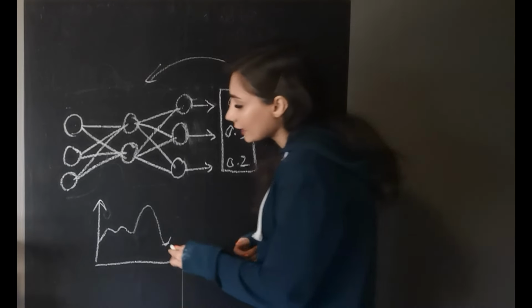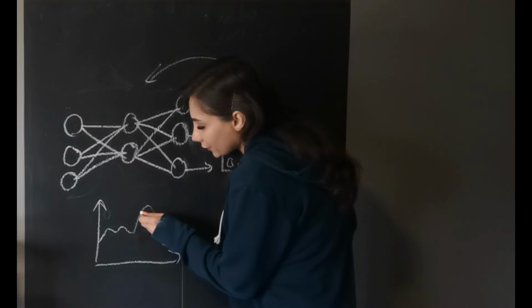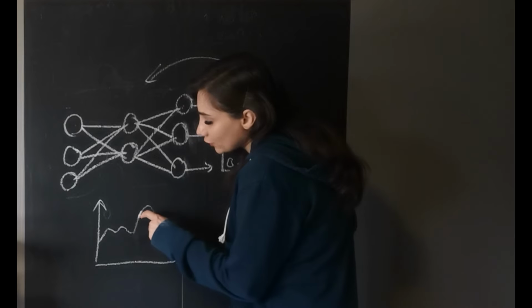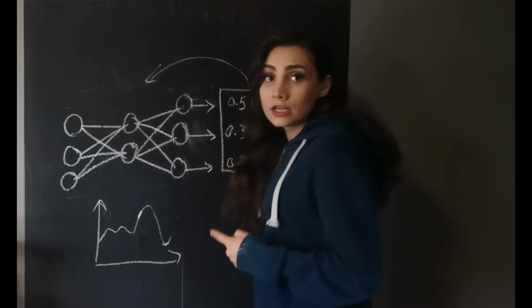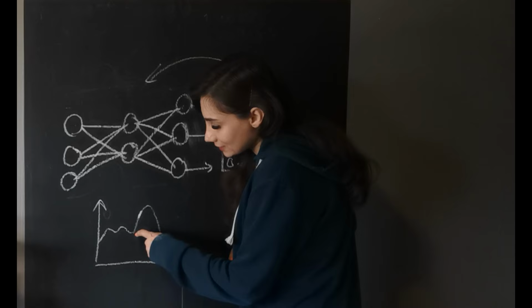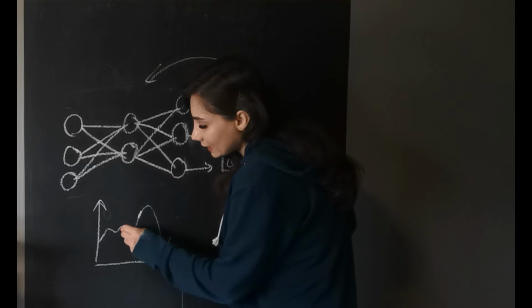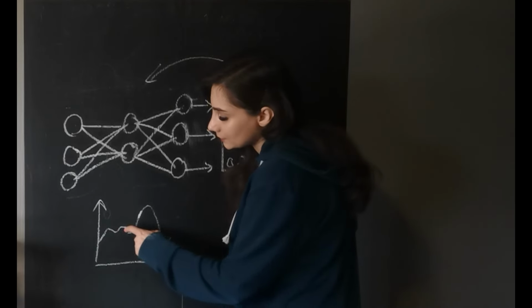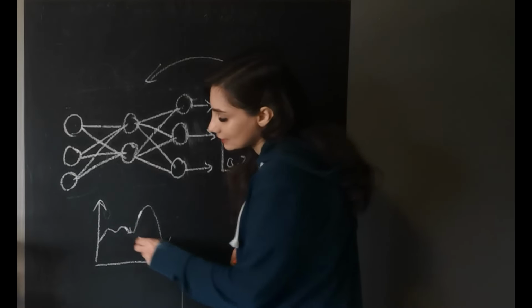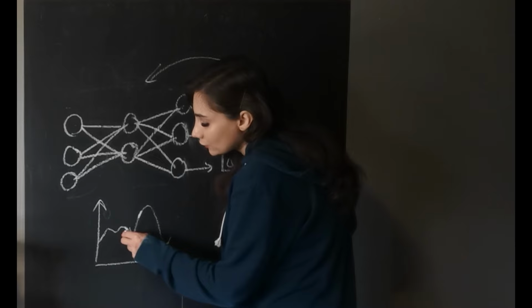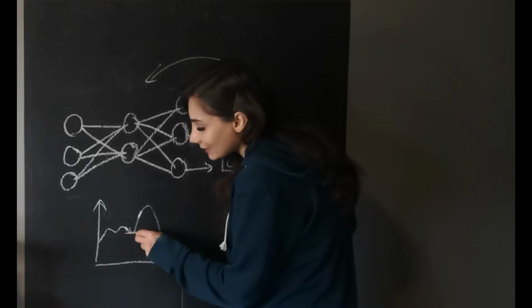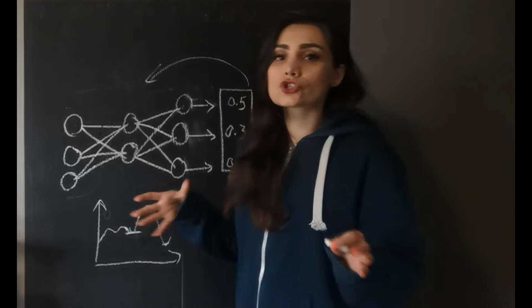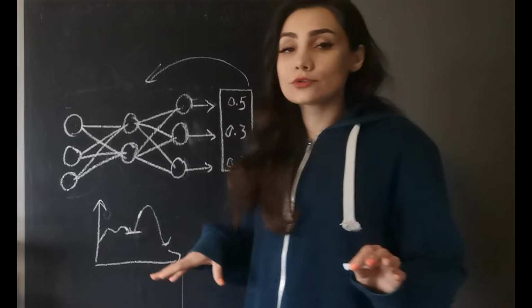That means that it will look at, for example, here you're very steep, so it knows that it's supposed to go down this way. And then when you're here, it knows that it's supposed to come back because it's very steep. And whenever you're at a place that is flat, then the learning kind of stops or slows down.